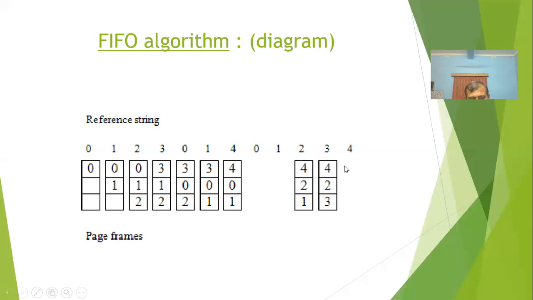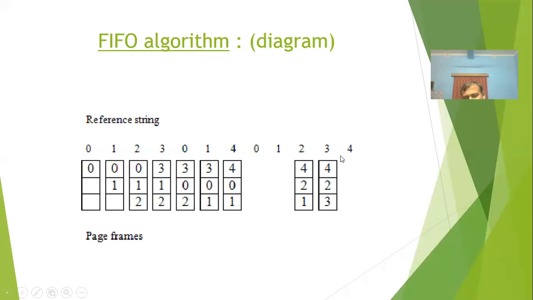Correspondingly we will get a fault for page 2. So again, page 0 will be replaced by page 2 here, and then we will get a fault for page 3.